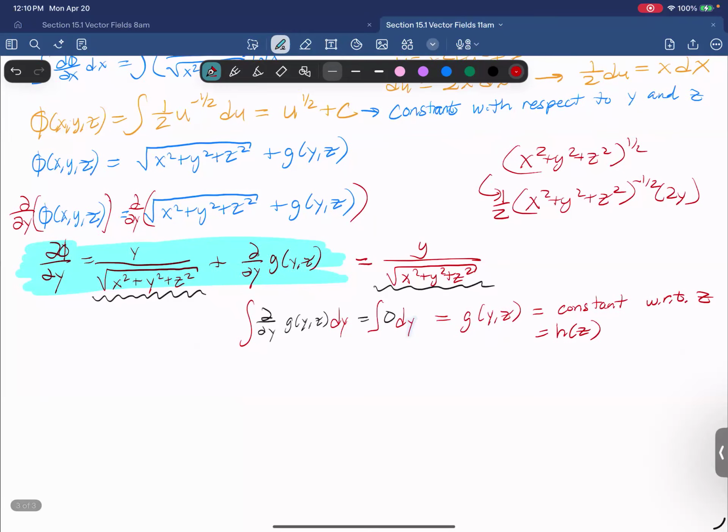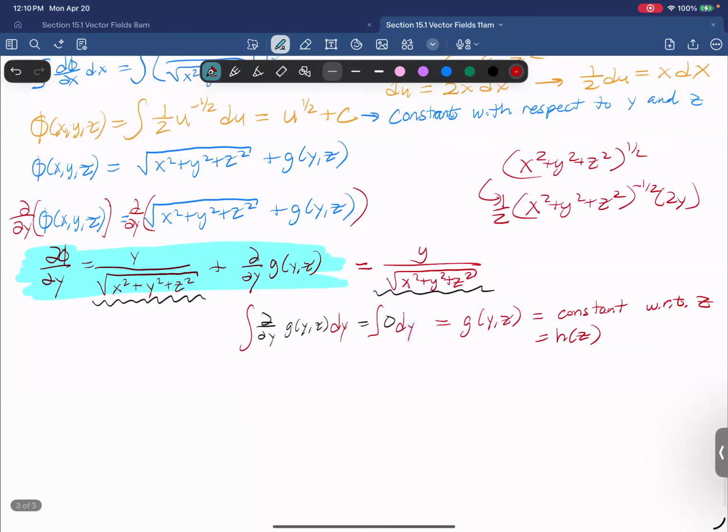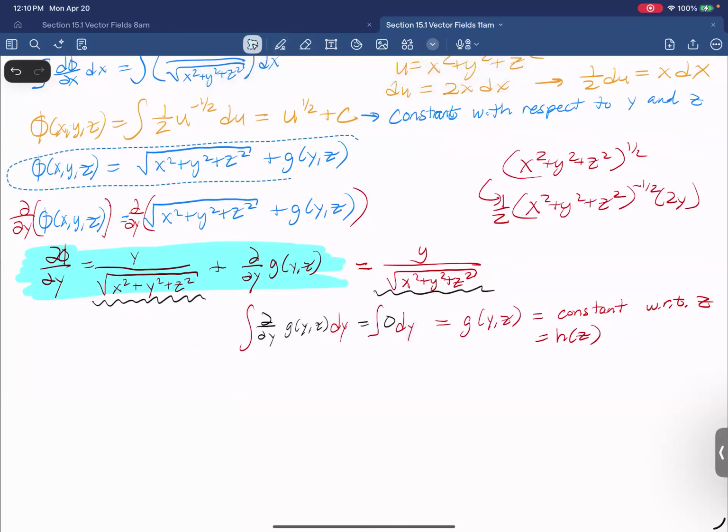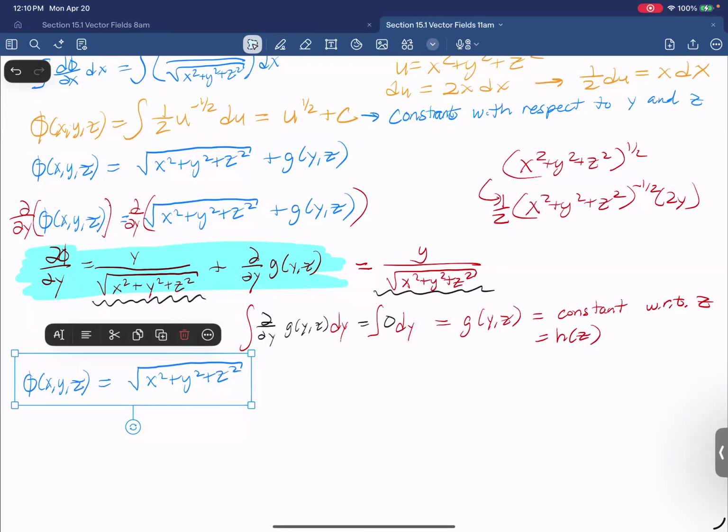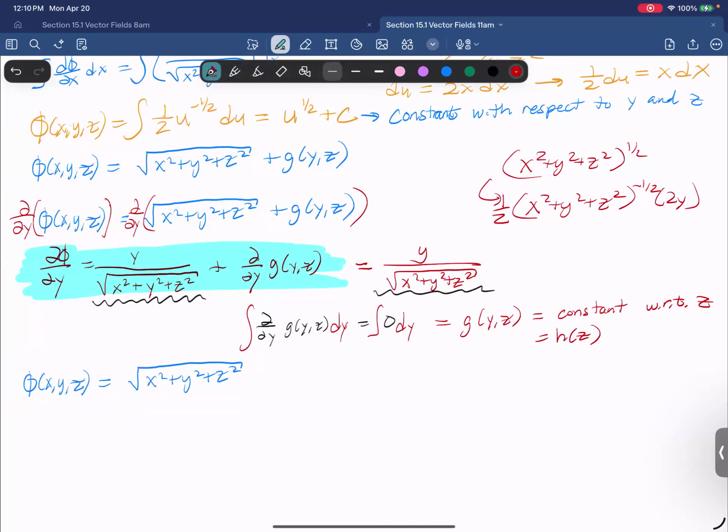So I'm going to take that, go back up top, and plug that in. We're at this point now. Is that making sense, Ashley and Elvis? I hope so.